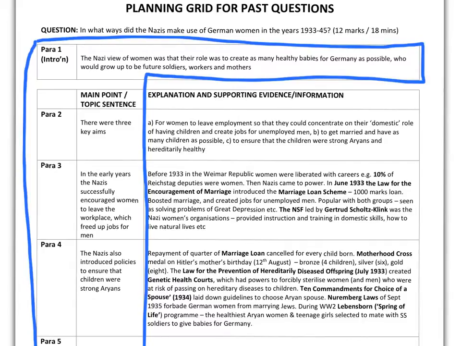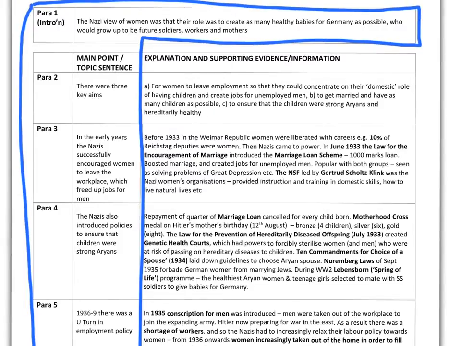Your first proper paragraph then, focus on, very clearly state what Hitler's aims were for women. Now I've hopefully succinctly put here three main aims. Okay, so have a look. A, for women to leave employment so they could concentrate on their domestic role of having children.